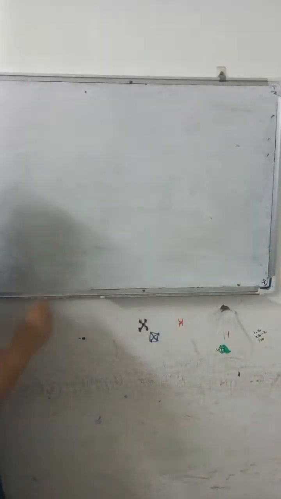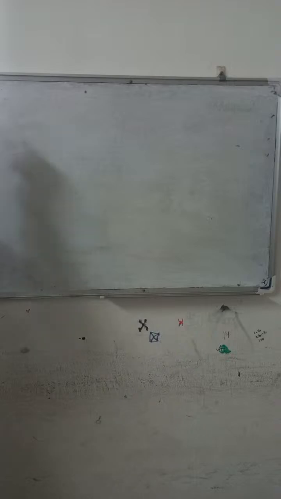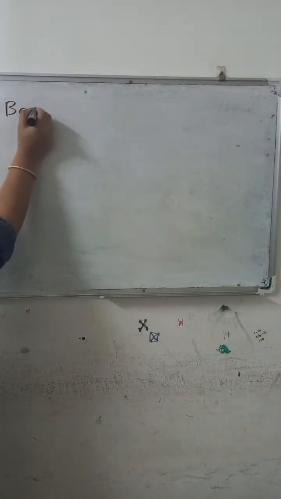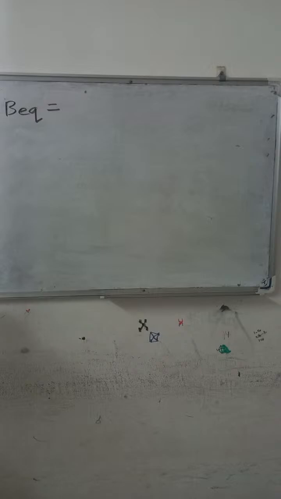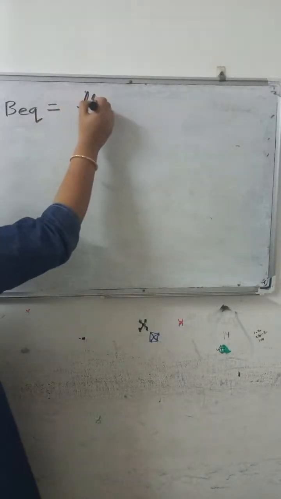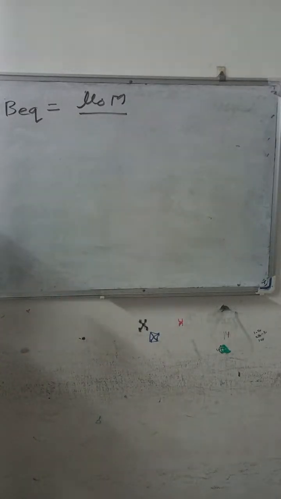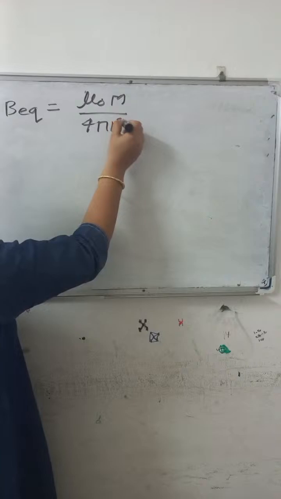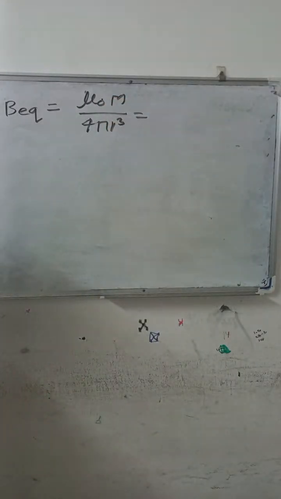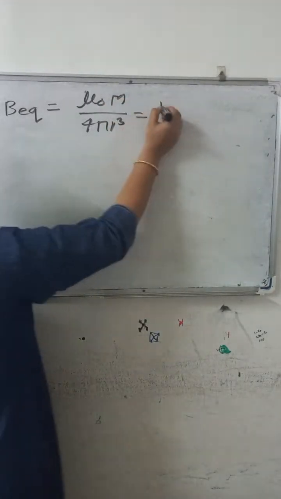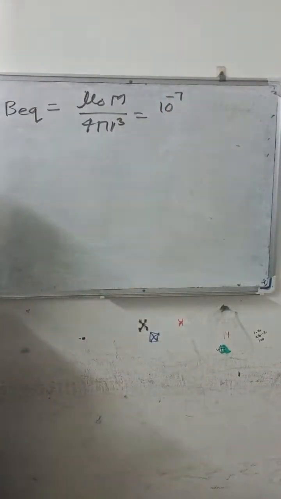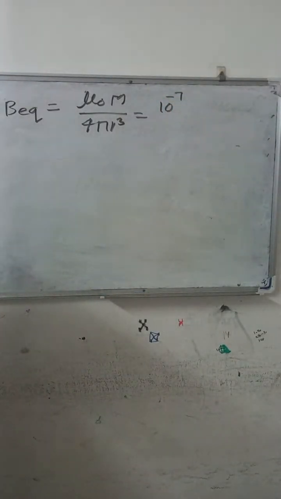The magnetic field at the equatorial point is mu naught into M, the dipole moment, upon 4 pi r cube. Substitute the values. Mu naught upon 4 pi is 10 raised to minus 7. The magnetic dipole moment is 0.40 ampere meter square.